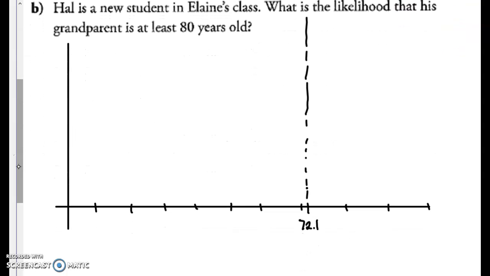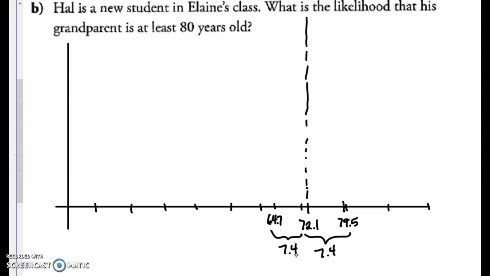So 72.1 plus 7.4 will be 79.5 right here. And I guess we could write that down. This is 7.4 over. And now 7.4 the other way, that's 64.7.